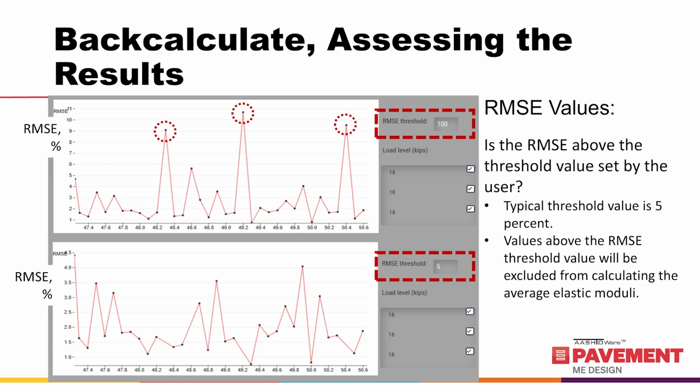A threshold RMSE value of 5% is suggested and was determined based on comparing the results to determine the upper RMSE, where the average back-calculated elastic layer modulus did not change much with threshold RMSE values lower than 5%. Values above the RMSE threshold value entered by the user are excluded from calculating the average back-calculated elastic layer moduli.